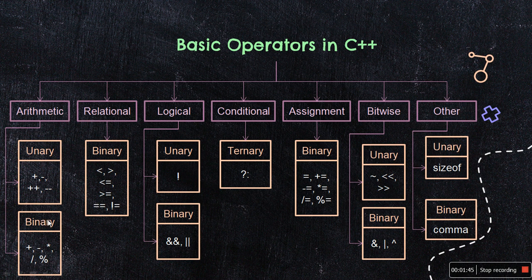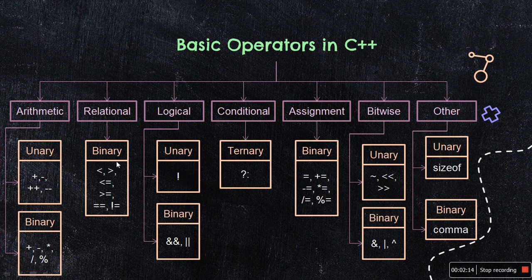Here you have the negative and positive signs for signed integers, increment and decrement operators to increase the value of an operand by 1 or decrease the value of an operand by 1. Then you also have the binary arithmetic operators: addition, subtraction, multiplication, division and modulo division. To find the remainder of an integer division, modulus is used. I hope others are quite simple.